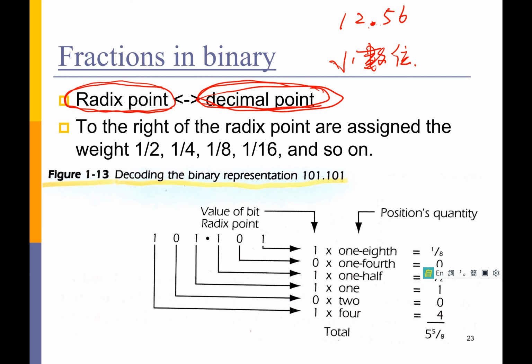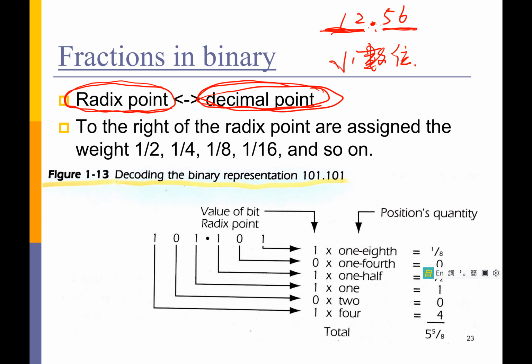Okay? So what's a radical point? It's a boundary between the whole number and the fraction number. So in the decimal system, 12.56, this part is the whole number.